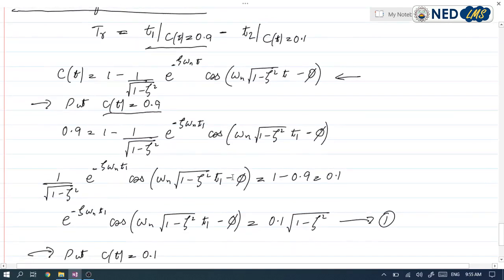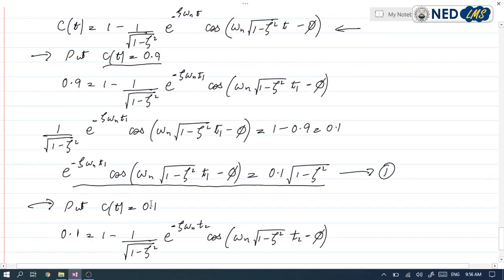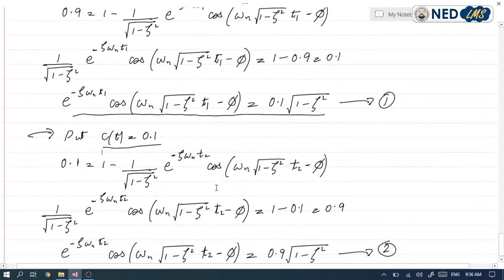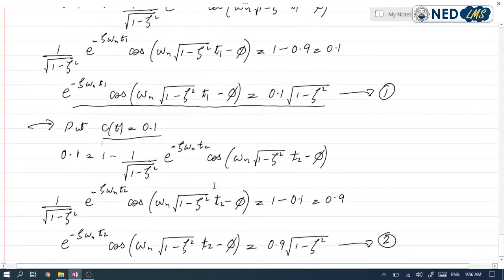After solving it, we will finally get this term, and then we put c of t equal to 0.1 in the same equation, and after solving it we will get this term.